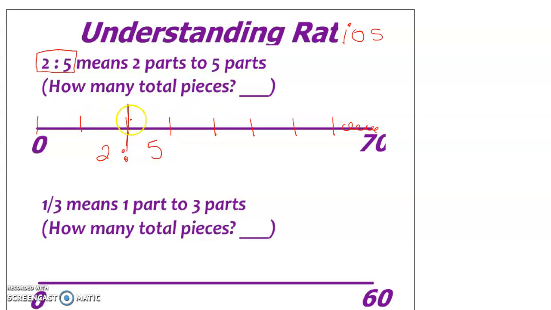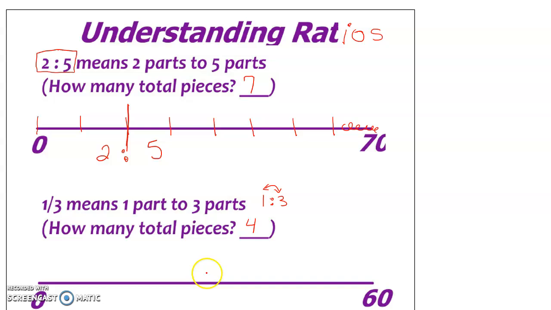And that gives me 2 plus 5, which is 7 total pieces. 1/3 or 1 to 3 parts is written as a ratio as well, like this. Another way to write it. That's 1 to 3. And just like above, to get our total number of pieces, we would add these two.